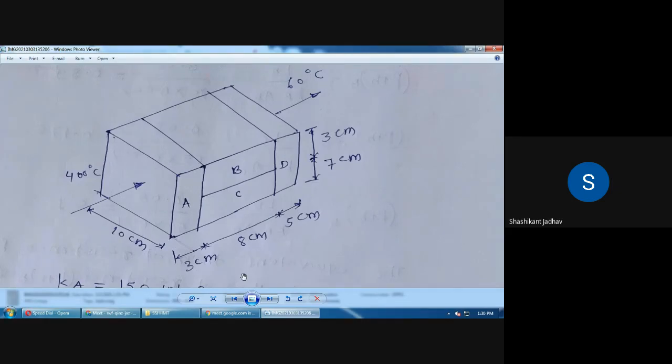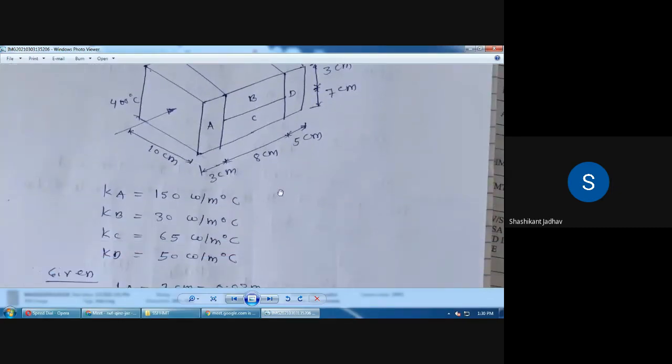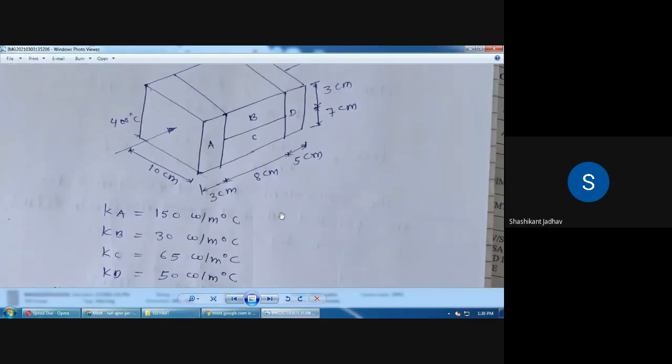Okay. So below this diagram they have given the values of thermal conductivity. Write down the layers we have considered, A, B, C, D. For those layers they have given the values of thermal conductivity. K_A is equal to 150 watt per meter degree Celsius. Then thermal conductivity of layer B is 30 watt per meter degree Celsius.